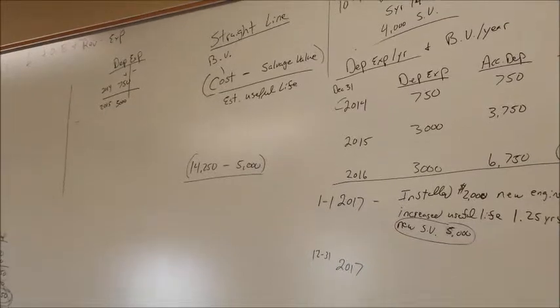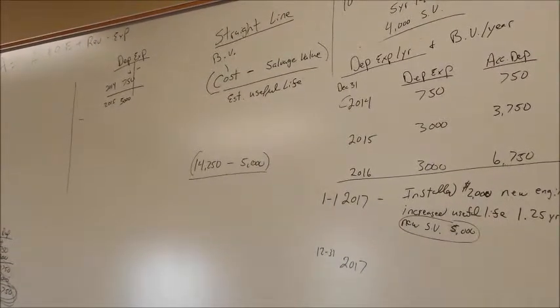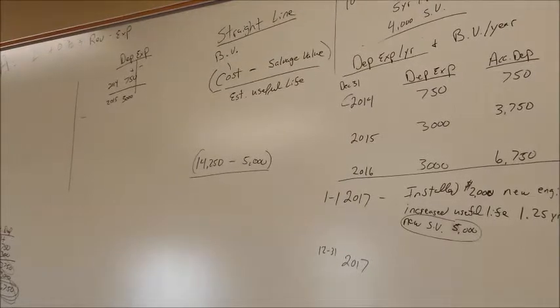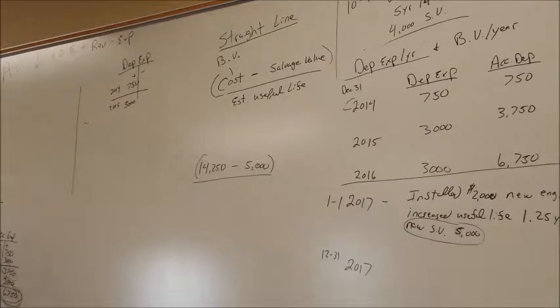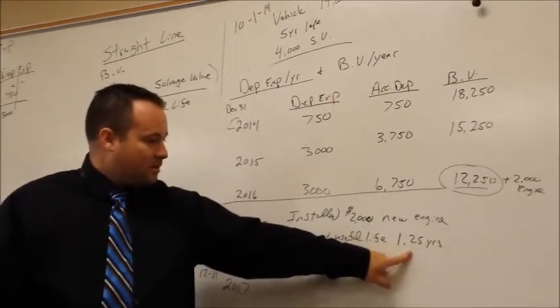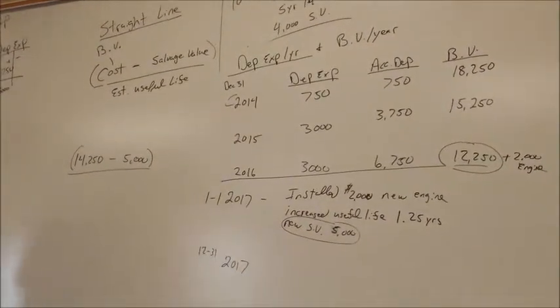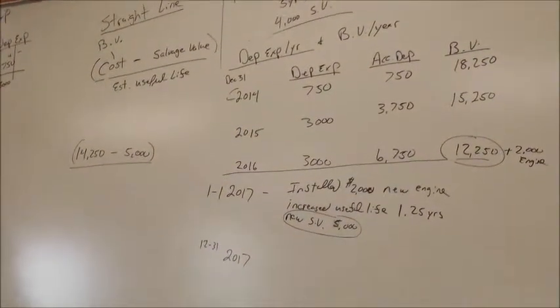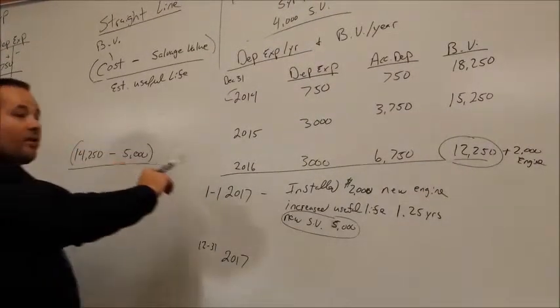Should have like 3.5 years now, because you added a year and a half for the engine, because you figured it made the life of the truck go to 1.5 years. 1 1/4. 1.25. So you've got 2.25 left. True, good. That's what you got to start with.